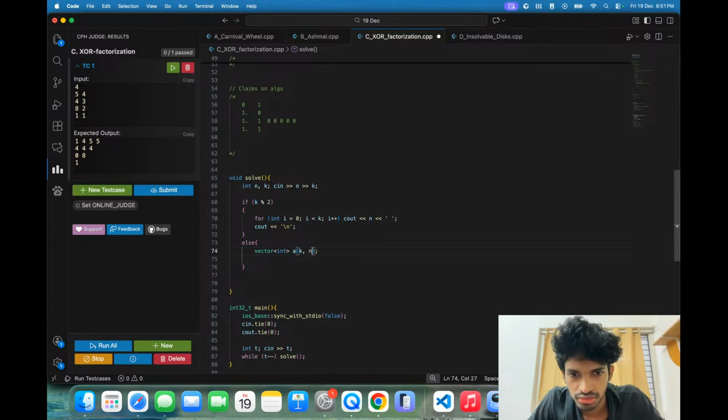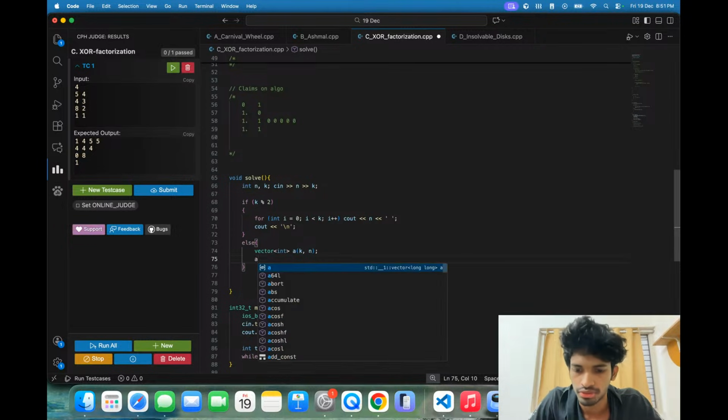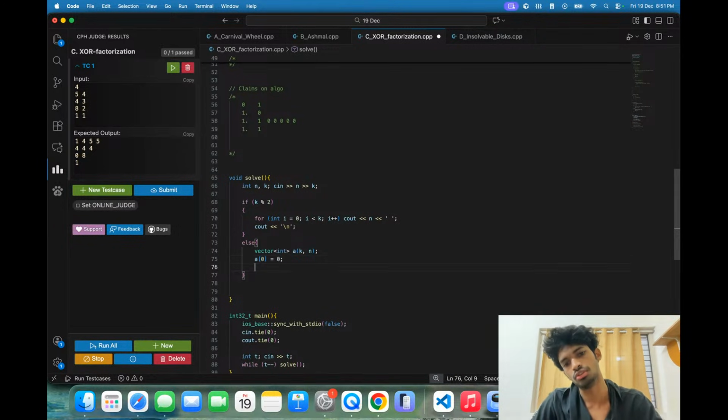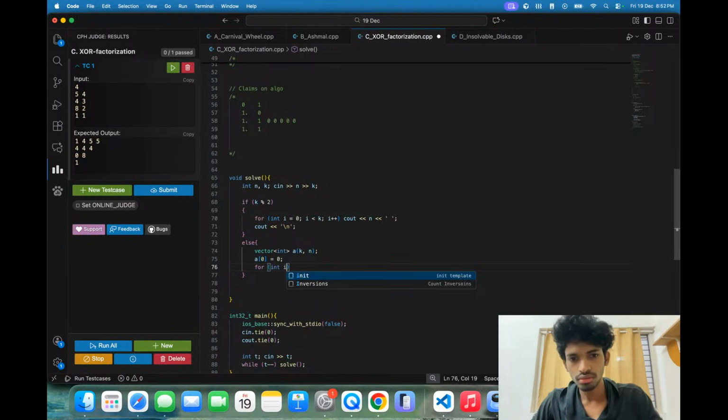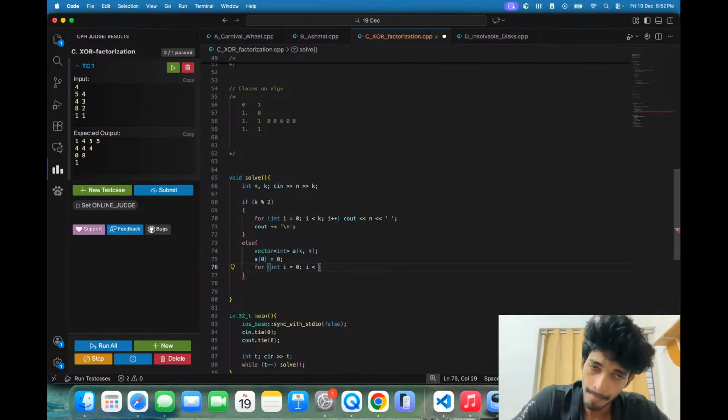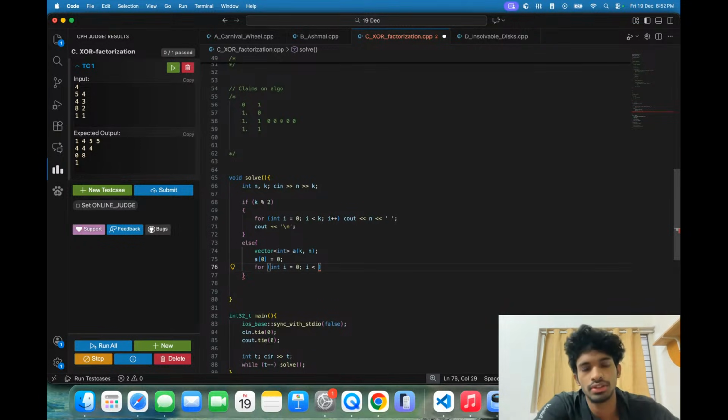We have this, right? And then what do I do? A of 0 equals 0. There should be two bits in n to be able to do this.